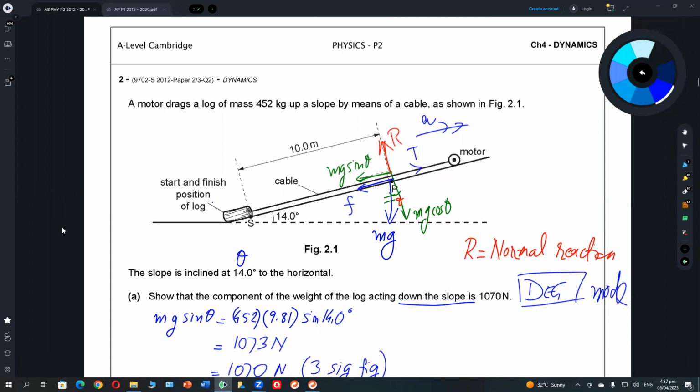Tension will be in the opposite direction to the friction, because you're pulling the object upward. It is the tension which is the driving force; friction and mg sin theta are opposing the motion.